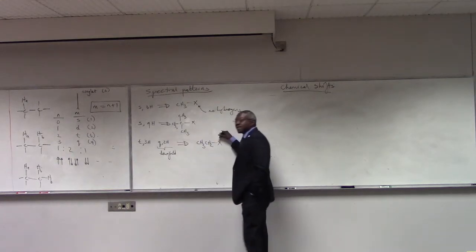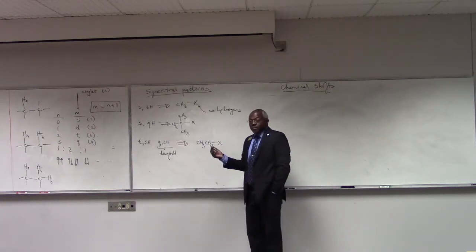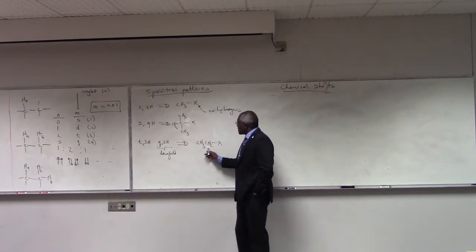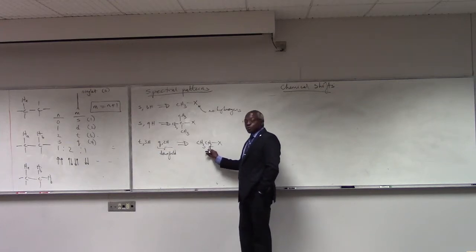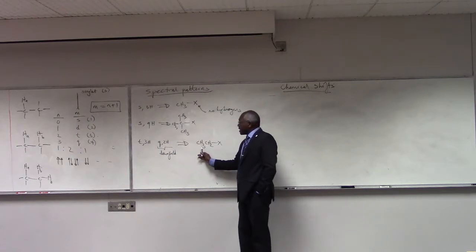So presumably X is something that might be electron withdrawing. The CH2 will integrate for 2 protons, but because there are 3 neighboring H's, it shows up as a quartet. So I get a quartet for 2 H's.